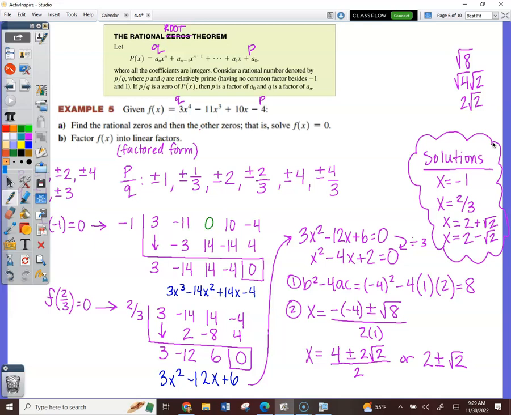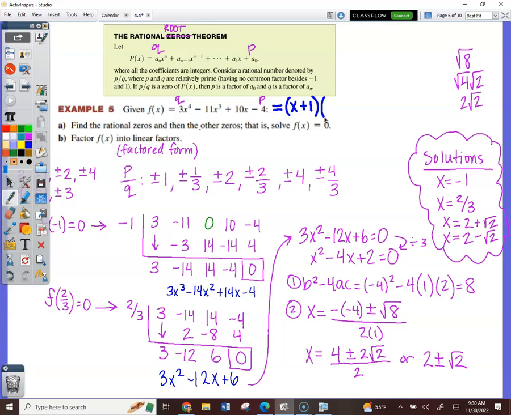Now, what did part B say to do? Write it as linear factors. So the linear factors, I'm just going to come right here and write it. What factor is that? X plus 1. What factor is this? So be careful.